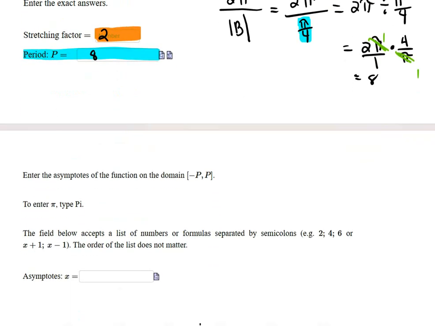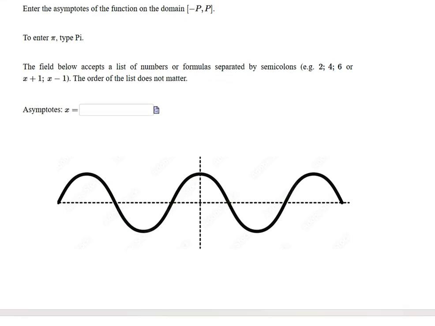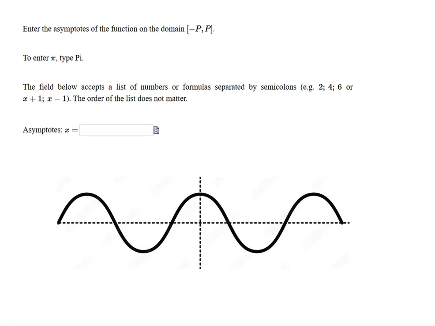Now, the next part they ask you to do is enter the asymptotes of the function on the domain from negative P to positive P. What I have here is a picture of the cosine function.